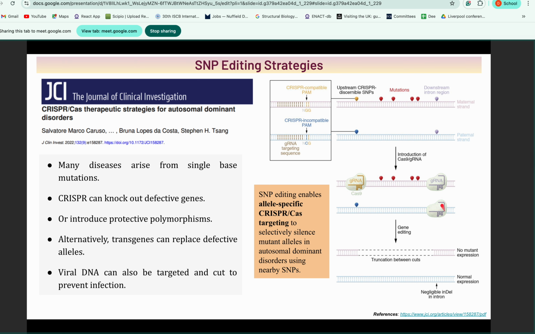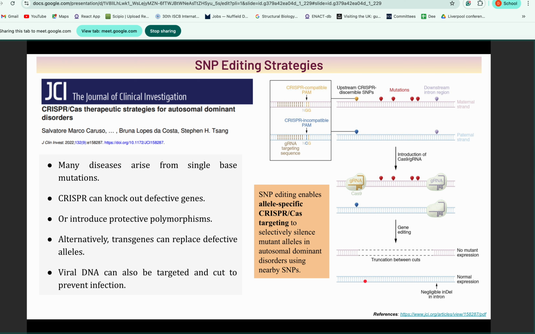Similarly, we will do the same in the paternal strand also, and we have this particular CRISPR incompatible PAM in this case. So in the gene editing, we have truncated the maternal strand, and my paternal strand is still normal because it was having the incompatible PAM.